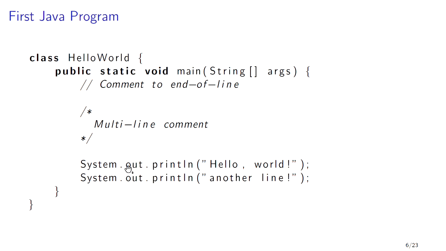Out stands for standard out, the console to which this print line will send its actual data. System is the encapsulator that knows about standard output, standard input, standard error, and all those other things. So it's saying from the system, we want to send something to standard out, and we're going to send it the message println, which is going to be the hello world.